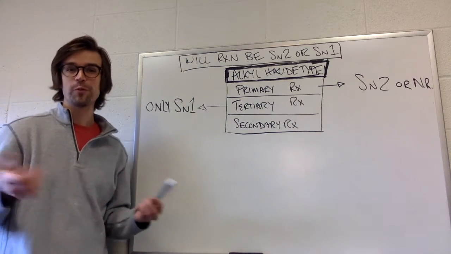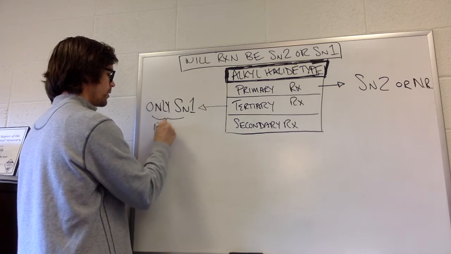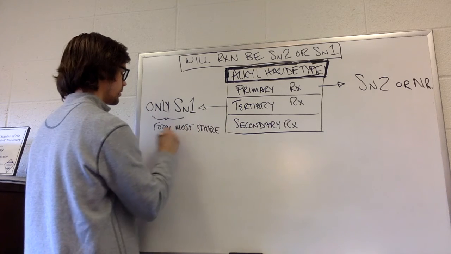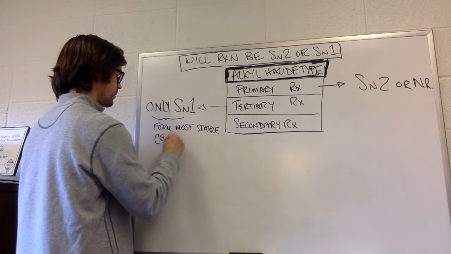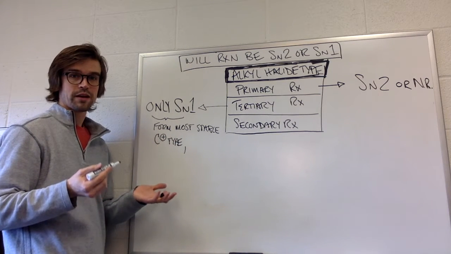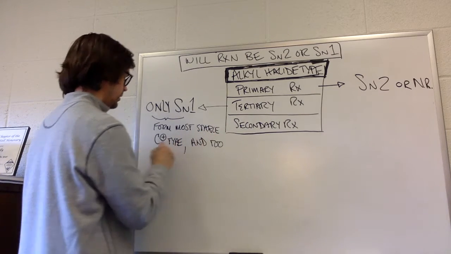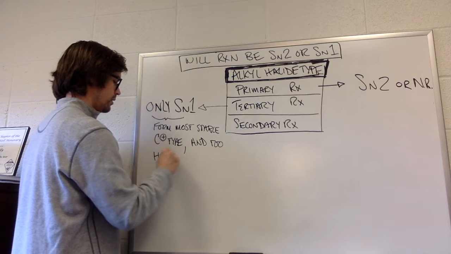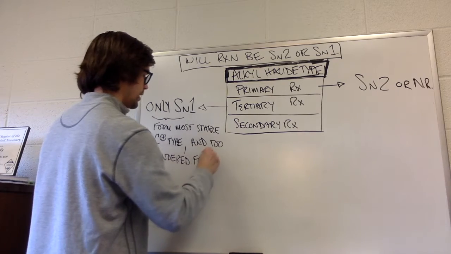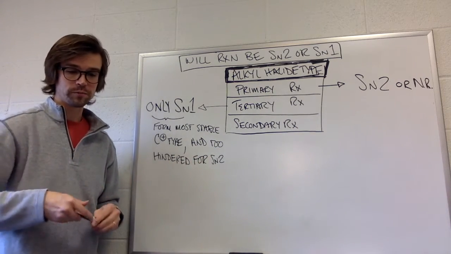And they form the most stable carbocation type. They're too hindered for SN2.